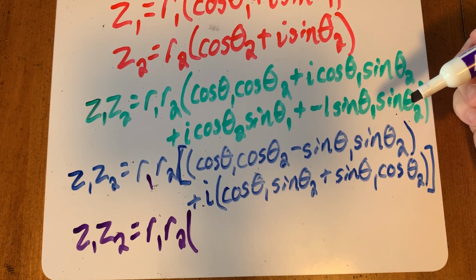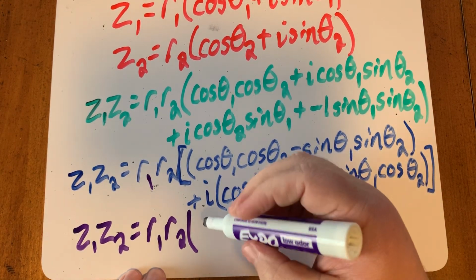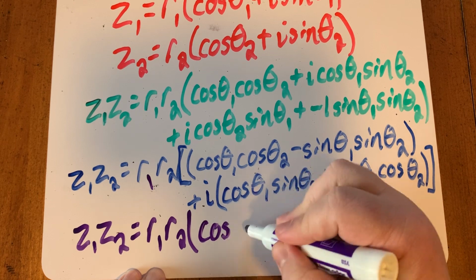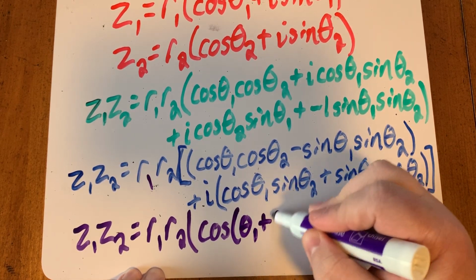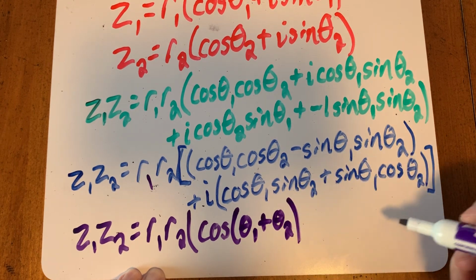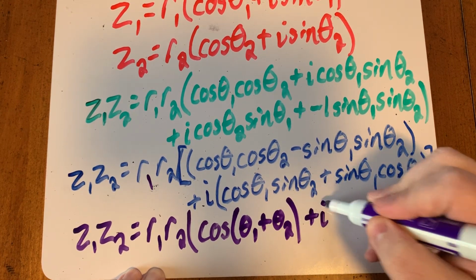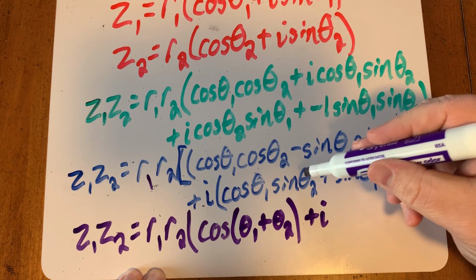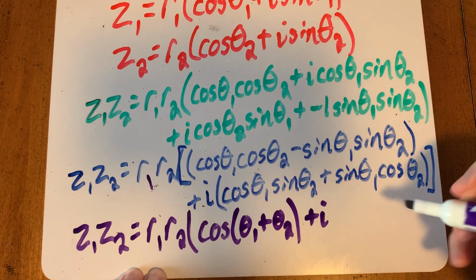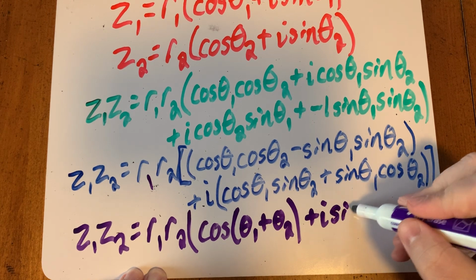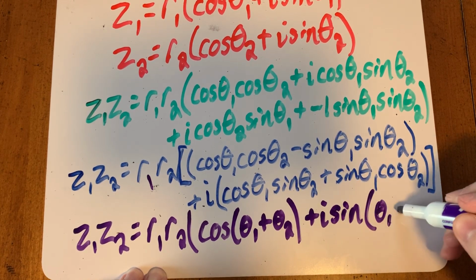That's one of our sum and difference identities for cosine, specifically cosine of a sum, theta 1 plus theta 2. And then plus i times cosine of one angle times sine of the second angle plus sine of one angle times cosine of the second angle. That's our sine of a sum identity.